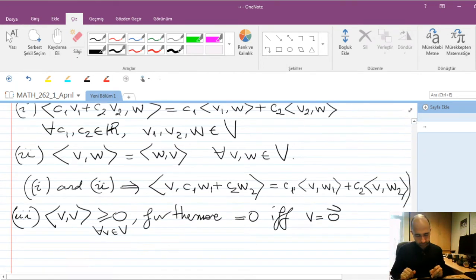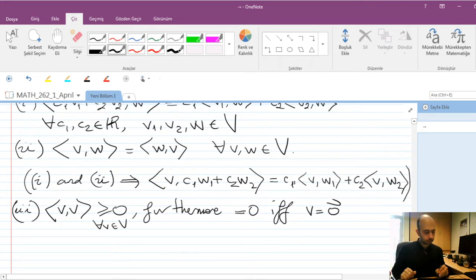Okay, if V is the 0 vector, it's not hard to check by the linearity rules that you should get 0. But the other direction is not automatic. I mean, this could be equal to 0 with the vector not being 0. Actually, I'll show you a concrete example soon.